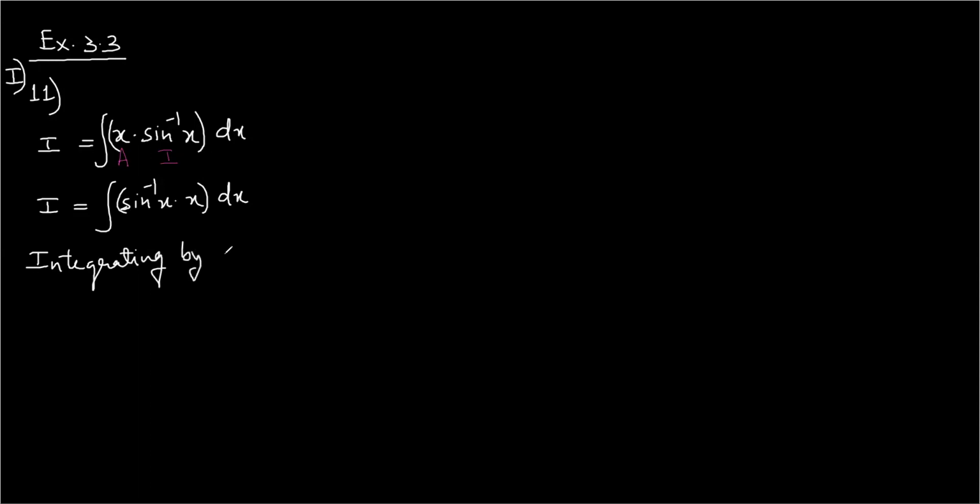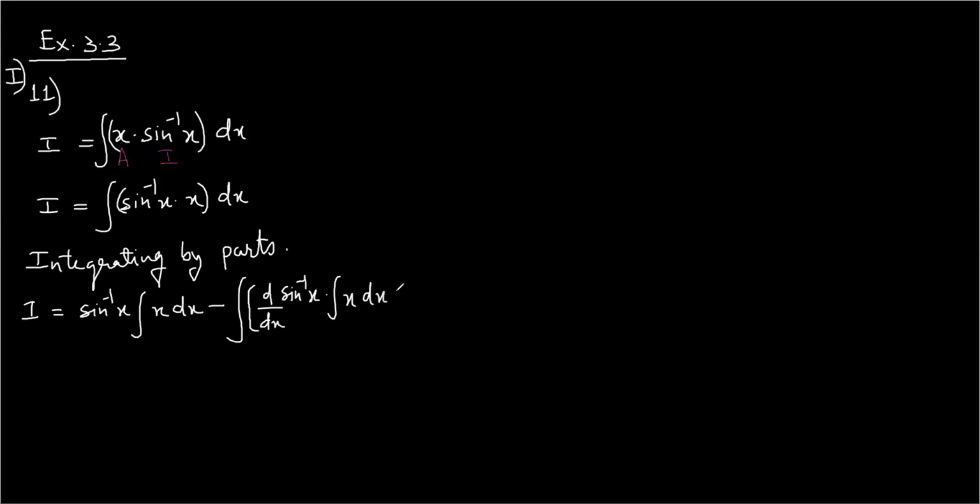Integrating by parts, I will have therefore I equals to sine inverse x integral x dx minus big integral d by dx of sine inverse x into integral x dx, and dx once again.